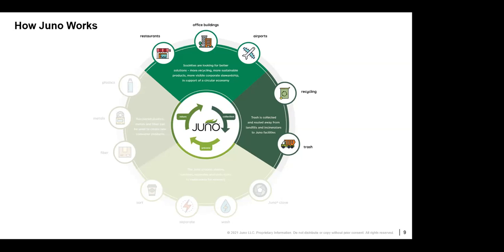Once we can collect that and it goes into our process, it's basically four simple steps. I wouldn't say they're simple, or our technology crew wouldn't appreciate that. But it goes through the Juno clave, and then we wash the material, and then we separate out the material through our overall screening process, and then we can sort the material as it's coming off the back end of the wash trommel.